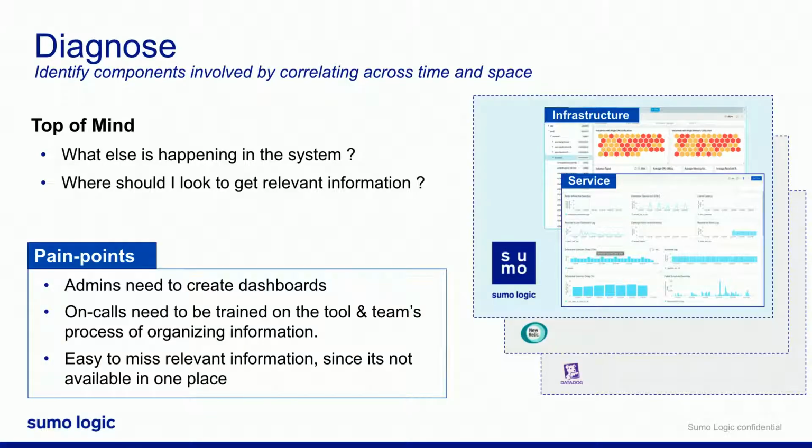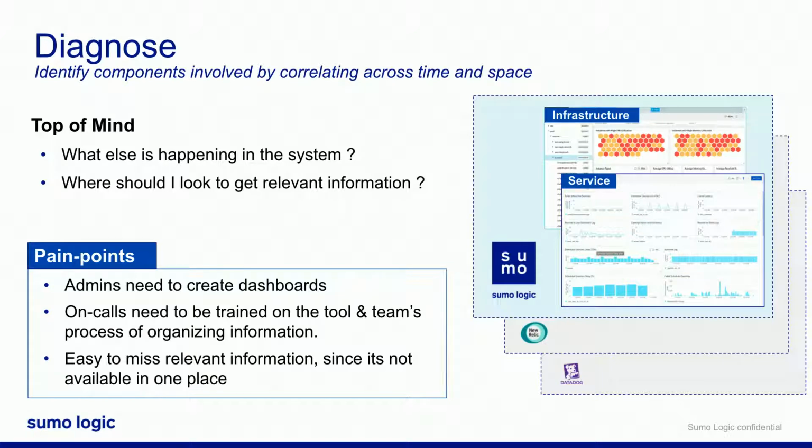So the next step is the diagnose stage. Once he has reviewed all the information and decided to act on an alert, he moves to this step, right? Here, the on-call wants to gather additional contextual information about what else is happening in the system that might help him get to the bottom of the problem quickly. At this stage, he'll probably have 2 things at the top of his mind.